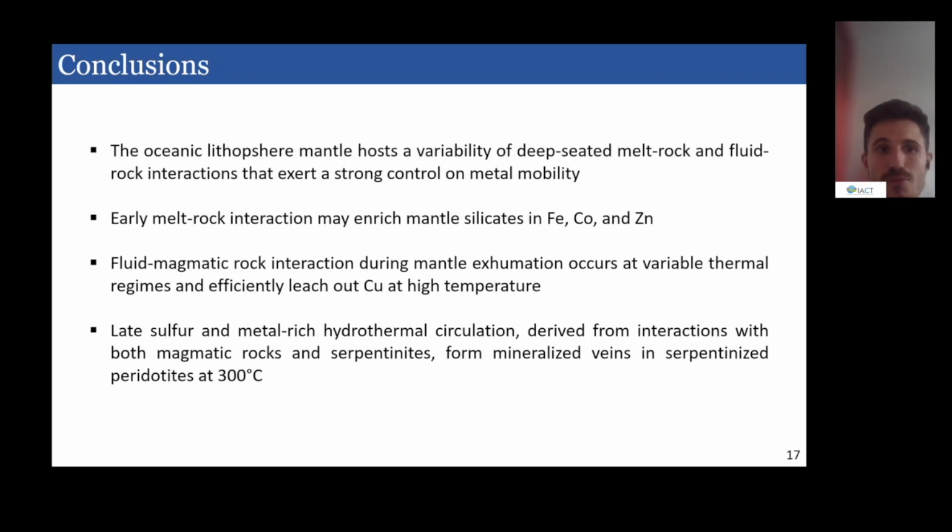And further fluid-rock interaction can exert a strong control on copper mobility during high temperature fluid-rock interaction, and can also provide some metals to the serpentinized peridotite and form mineralized veins.